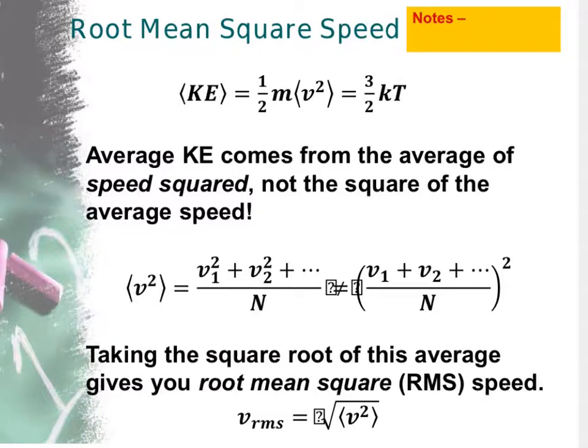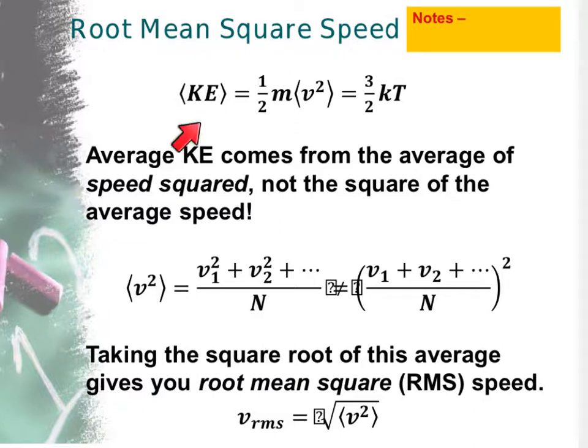Now, one thing that we often talk about when we talk about ideal gases is what is called root mean square speed. And here's why we are so interested in root mean square speed in an ideal gas.